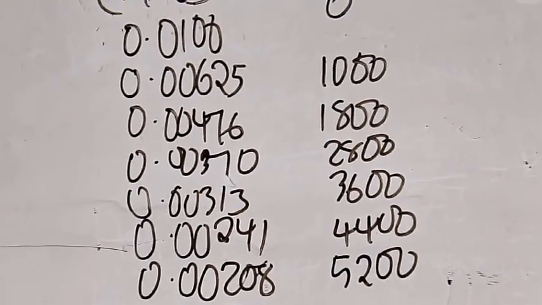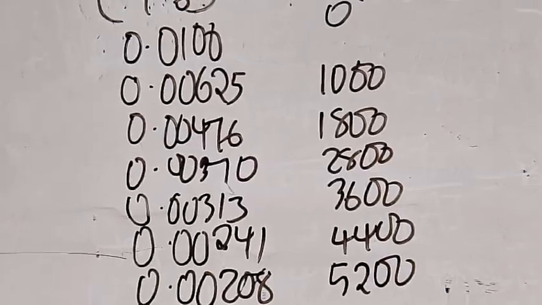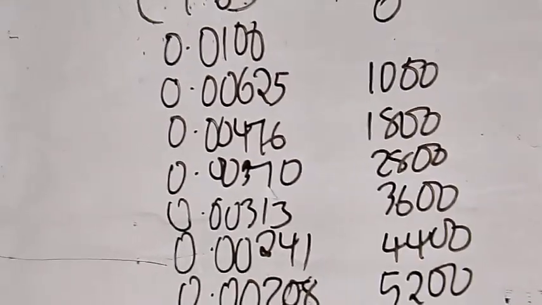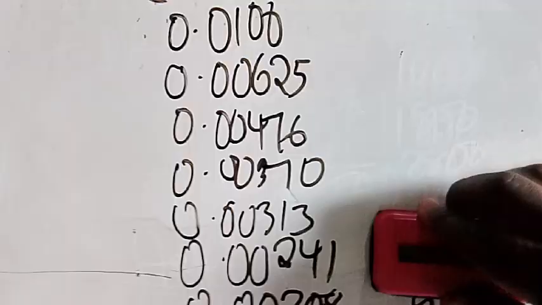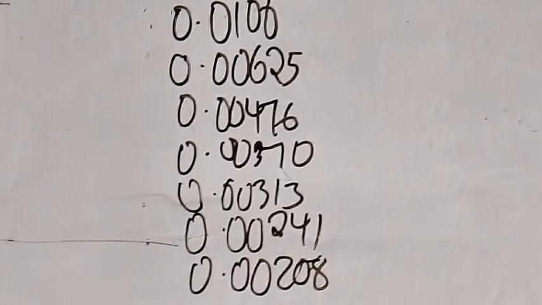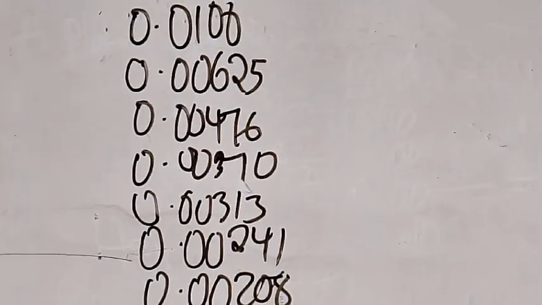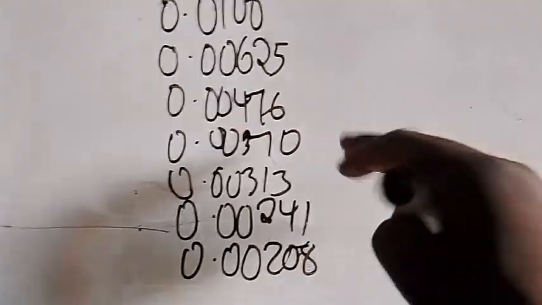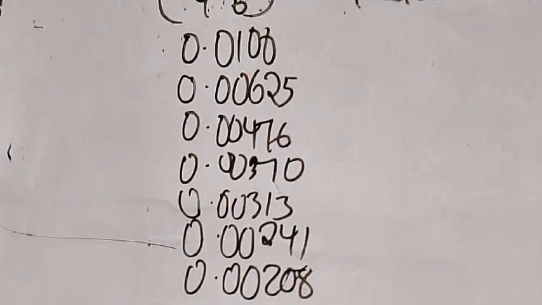Okay, let's see. We count 1 2 3 4 5 6 7. So we left out one figure on the concentrations.